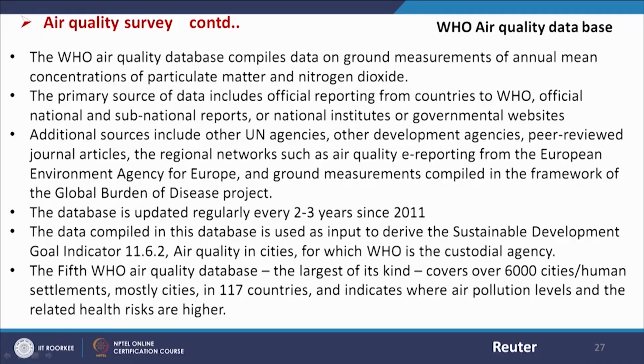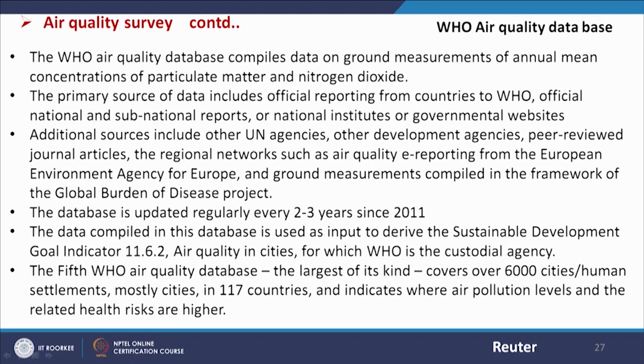The WHO air quality database compiles data on ground measurements of annual mean concentrations of particulate matter and nitrogen dioxide. The primary source of data includes official reporting from countries to WHO, official national and subnational reports, or national institutes or governmental websites.